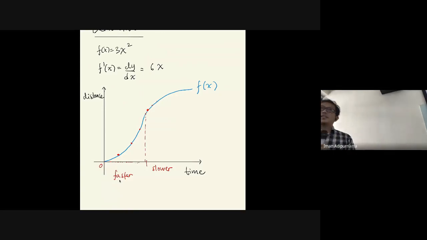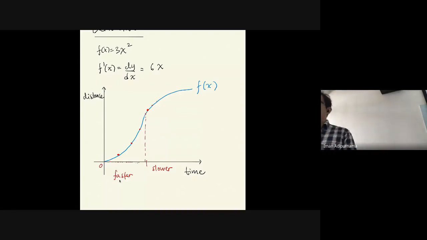If you try running to check your stamina, sometimes you are running at a stable pace, maybe 5 or 6 times, and after maybe 6 or 7 you will feel a little tired, getting slower and slower, and eventually you get really tired and cannot run anymore, right?